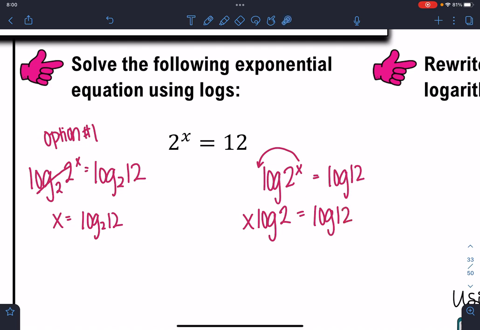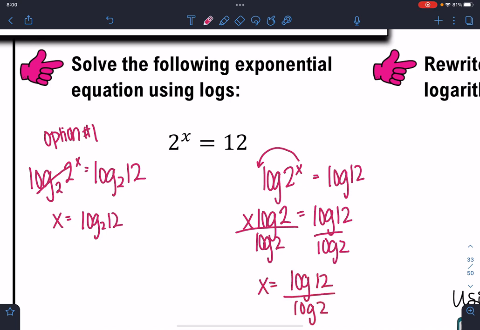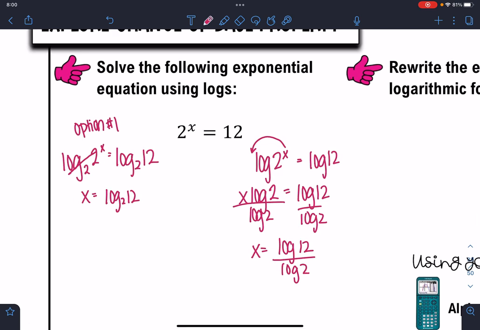And we talked about how this is multiplication, right? And so if I want to undo that log 2 being multiplied by x and solve for x, here's what I get. So I get x equals log of 12 over log of 2. And we type that into our calculator, and our decimal there would be 3.585, and so on. So that was our second option.